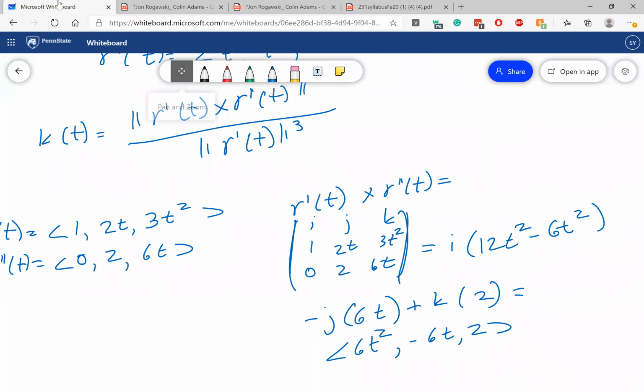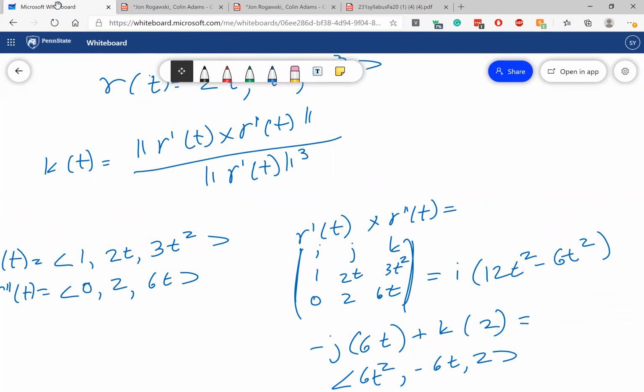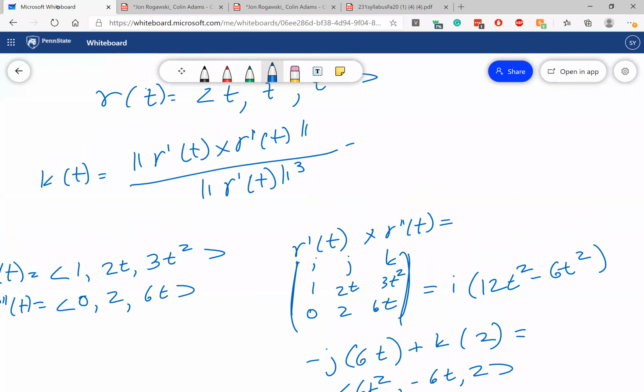So then the magnitude of this, because we need the magnitude of this entire thing. So let me just write down what would be here.